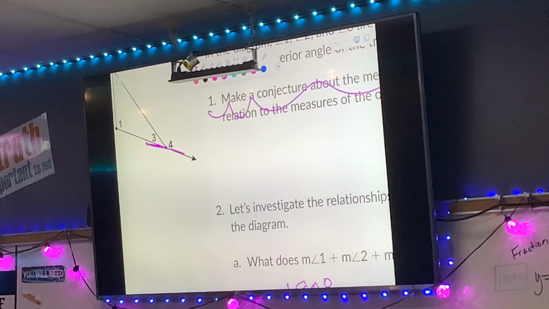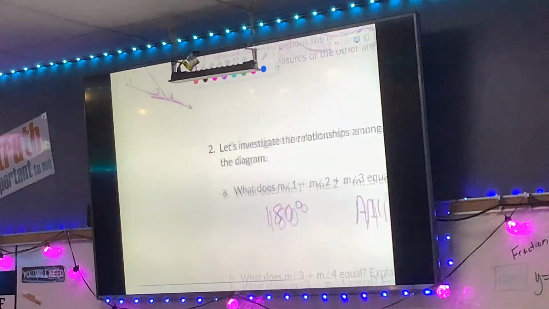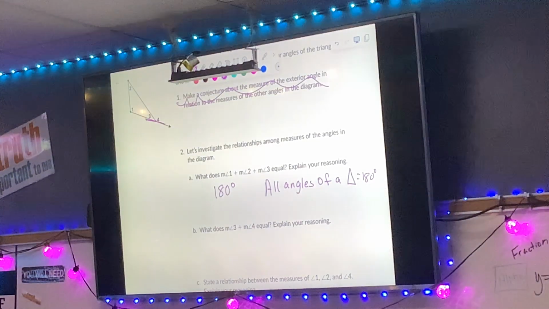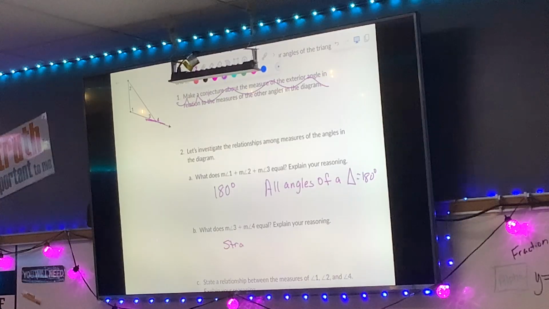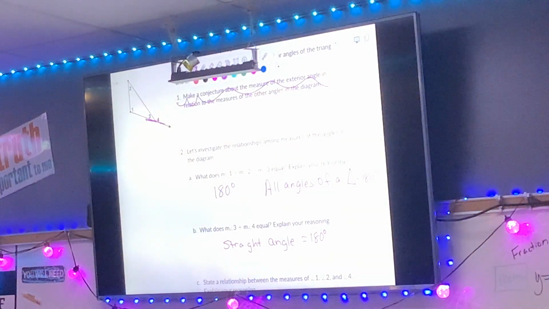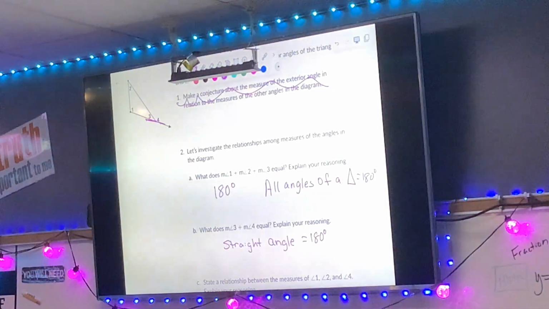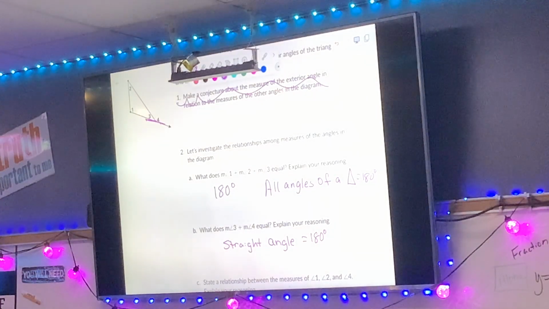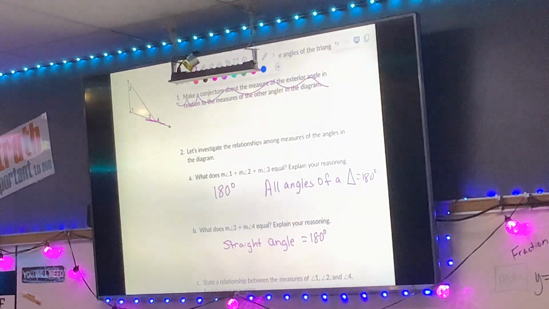Yes, you're the first one that's been able to say that. It is a straight angle, and it equals 180 degrees. These are also adjacent, so we know they're supplementary, which means 180. Remember complementary and supplementary?